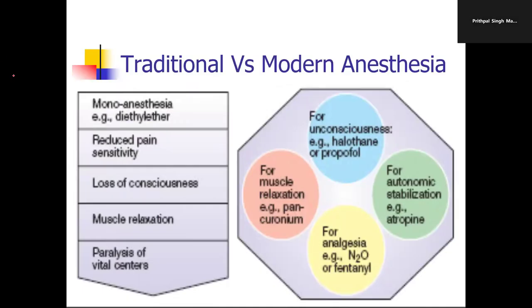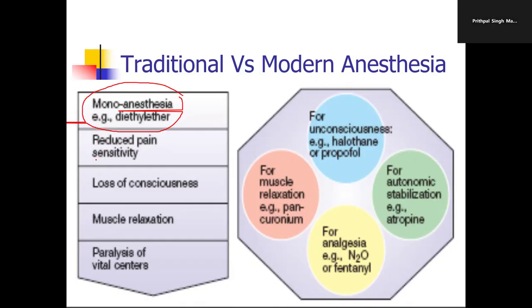Now, how was traditional anesthesia different from modern anesthesia? The anesthesia that was given in 1846, on 16th October, which is celebrated as World Anesthesia Day, used a single compound. This was monoanesthesia, specifically diethyl ether or ether.